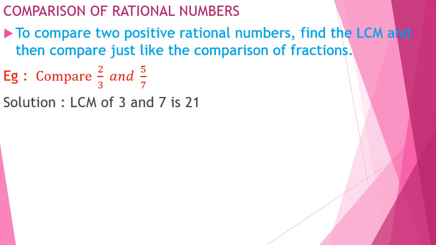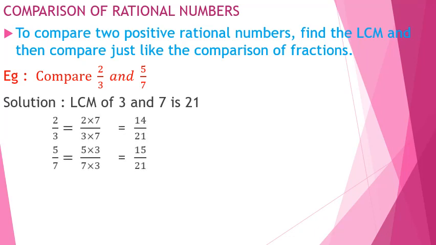LCM of 3 and 7 is 21. So 2 by 3 becomes 14 upon 21 and 5 by 7 becomes 15 upon 21. Since 14 upon 21 is less than 15 upon 21, hence 2 by 3 is less than 5 upon 7.